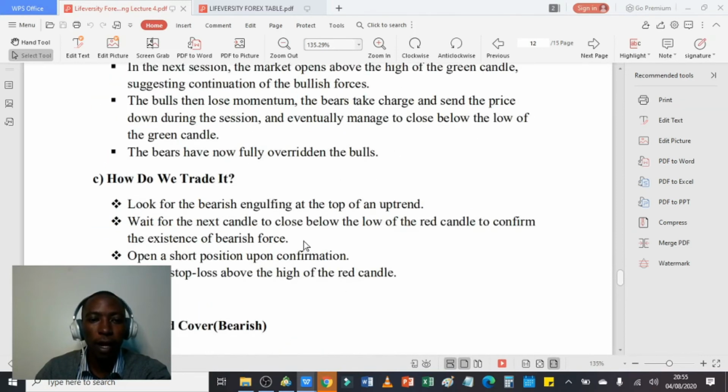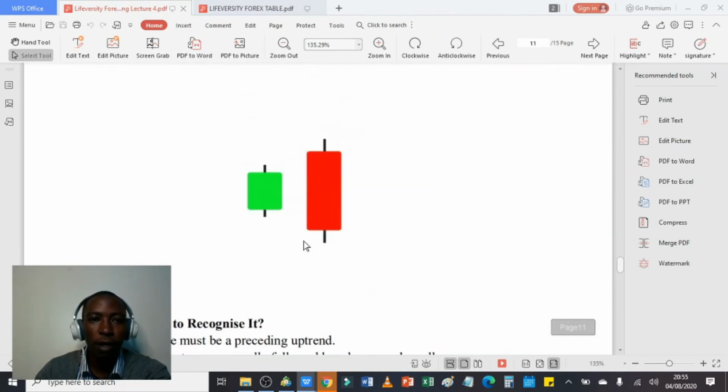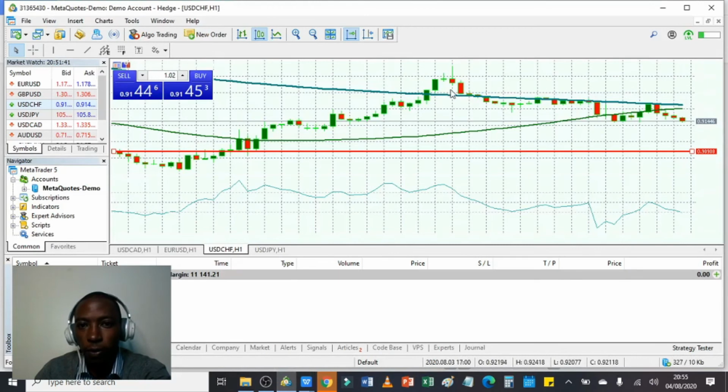Let's head over to our chart and see if we can locate the bearish engulfing at the top of a trend. As you can see, here it is. This is a bearish engulfing. The small green candle and then the bigger red candle indicate selling pressure, and as you can see, the moment it formed, the price kept dropping, and since then it has been dropping.